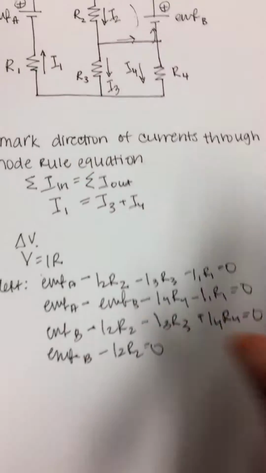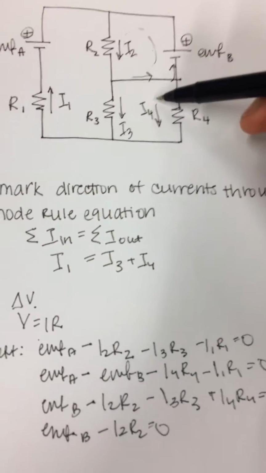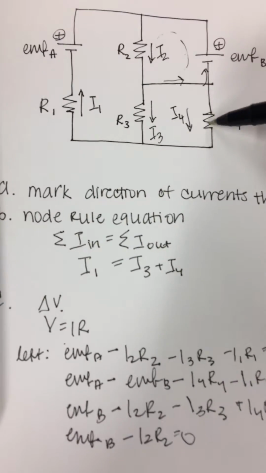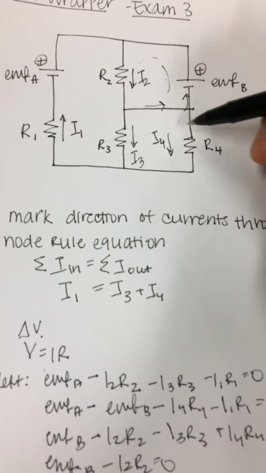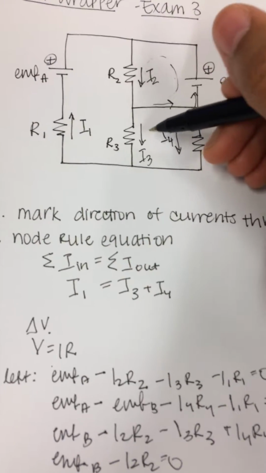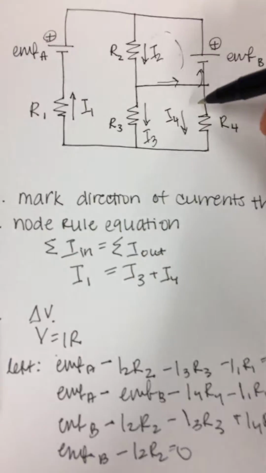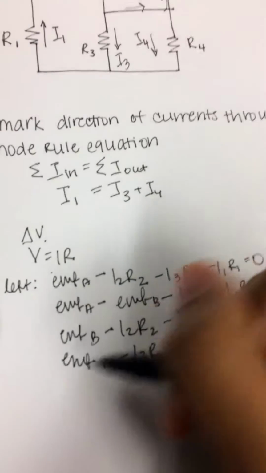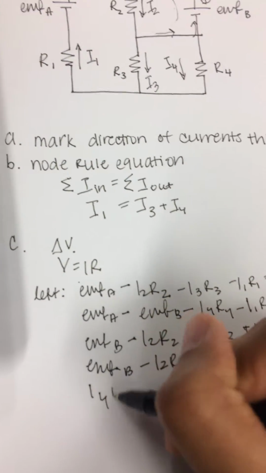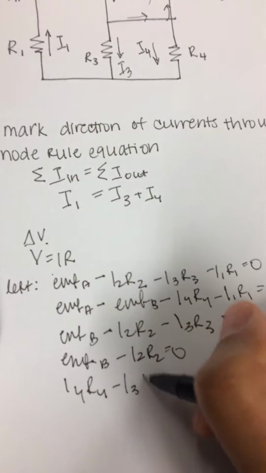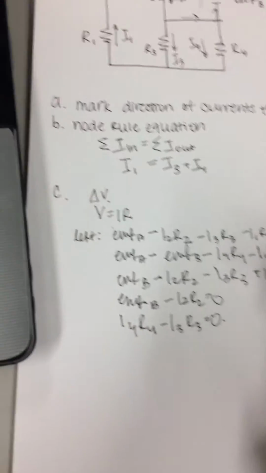And then you also know this loop right here. We have I4 R4 and I3 R3, going this way. So it's minus I3 R3 plus I4 R4, because once again, you're going against the direction of the current. So it's I4 R4 minus I3 R3 equals 0.